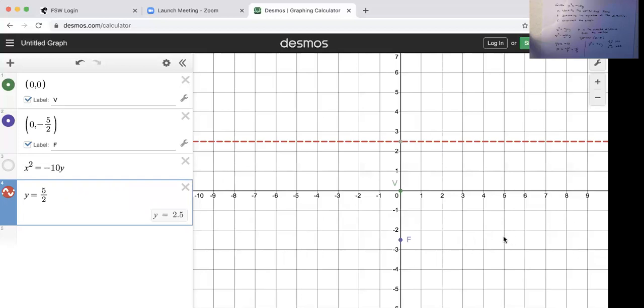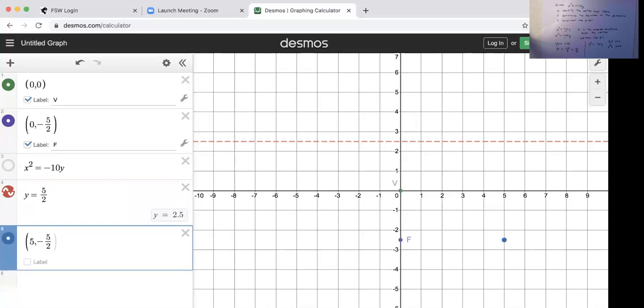If I go to 5 here, that point would be x is 5, y is negative 5 halves. We see that point? How far is it from the focus? 5 halves and another 5 halves, 5 units away. How far is it from the directrix? 5 halves and another 5 halves, 5 units away. So this point is double p from the focus, double p from the directrix.